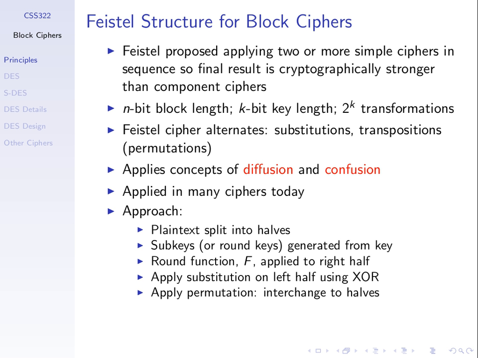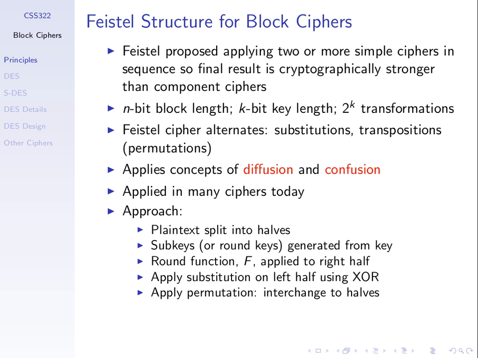That's what he came up with: the structure of applying substitutions multiple times combined with transpositions or permutations. So the idea is to apply 2 or more simple ciphers in a sequence so that the final result is still cryptographically strong, still secure, as opposed to what we just went through, which is just one encryption, one complex cipher, but it's not practical.